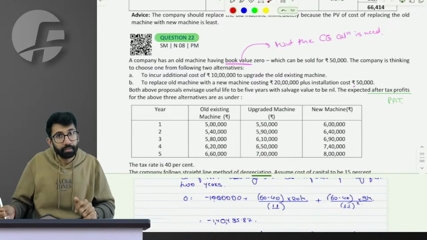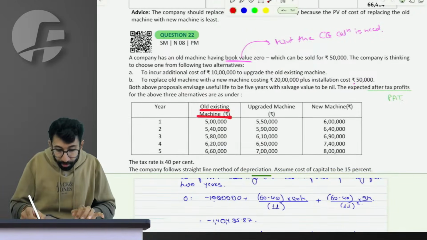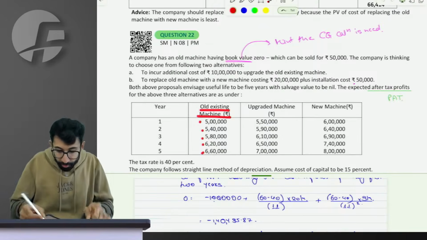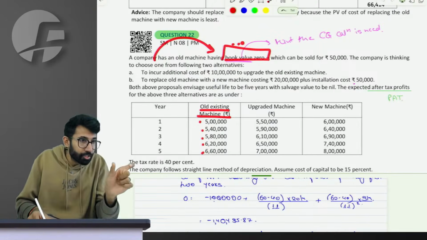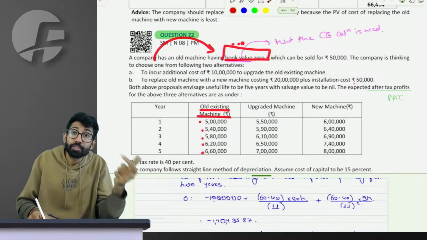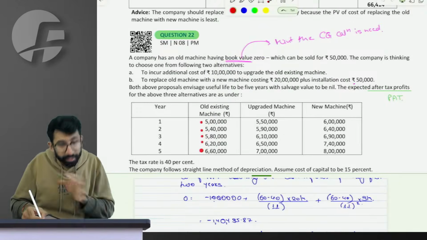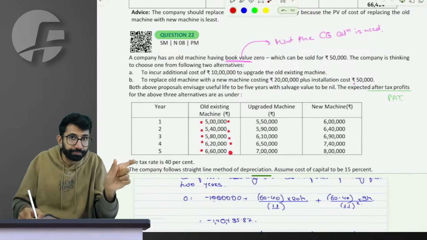Fine. Sir, annual inflow. Sir, old machine, profit for every year is this. Old machine, depreciation is 0 because old machine's book value is 0. So old machine profit is given, depreciation 0, which means this only becomes the CFAT of old.